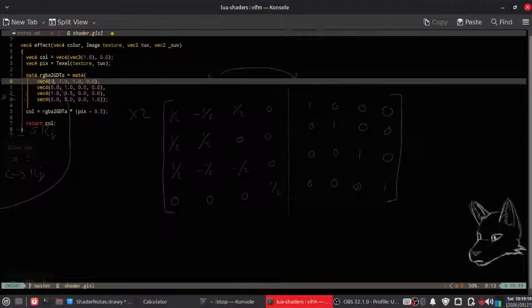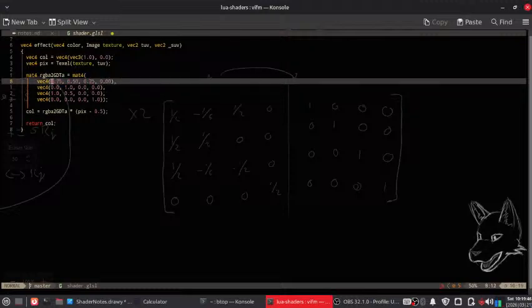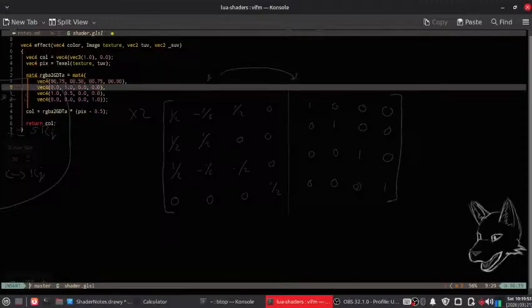Well, 0.50, 0.00. Why am I doing it this way? Because then everything's all lined up properly. I can also go 0.00, and I can even go 0.00 here, 0.00 here, 0.00 here, right?